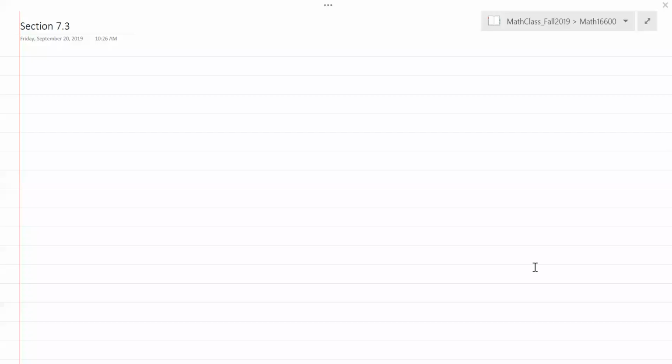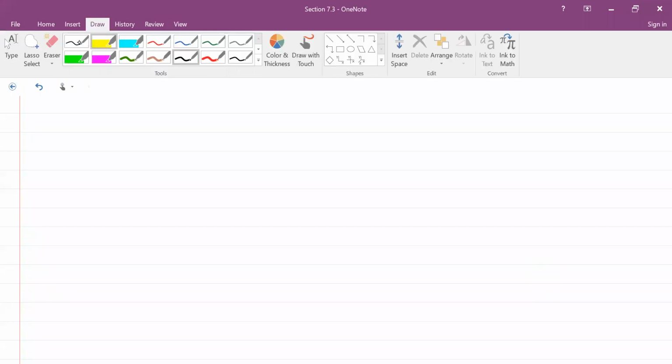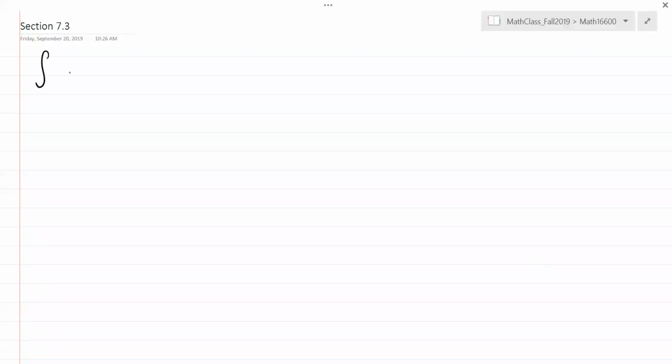I begin with integrals. Just think about this problem and how do you do this?